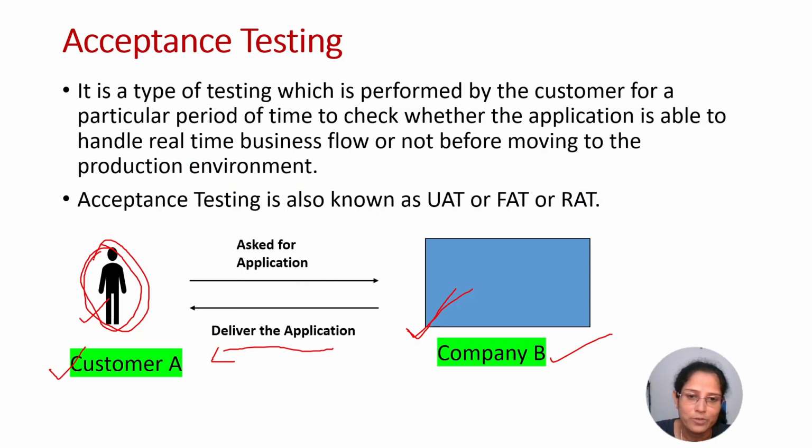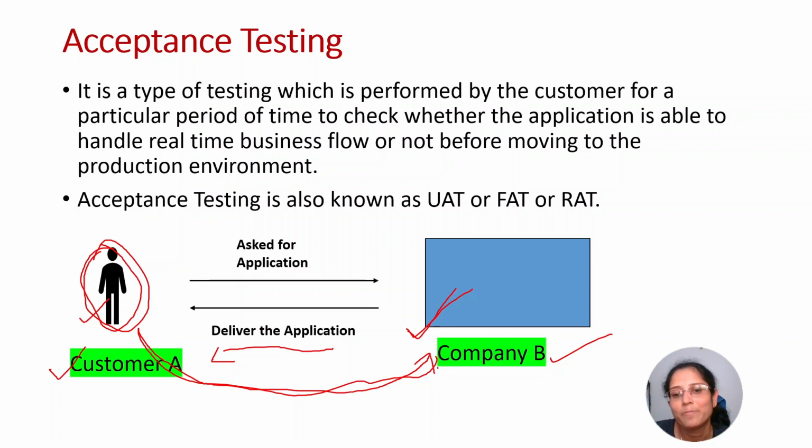That is one approach. The second approach is, the customer will come to this company side with the set of business flows and request the testers of this company to execute the end-to-end business flows. So that is also one approach to perform acceptance testing.